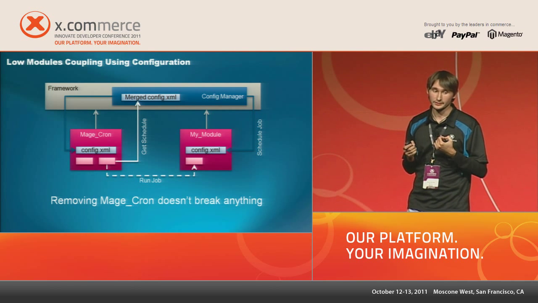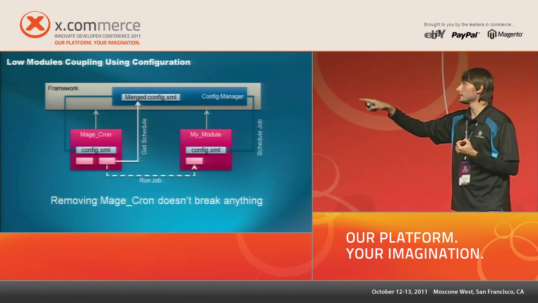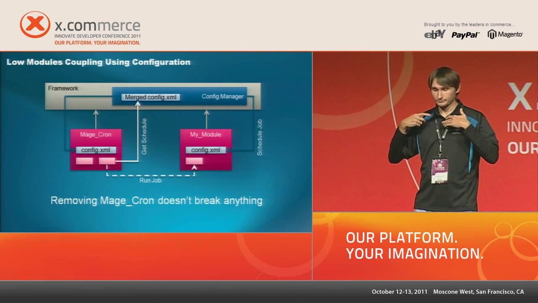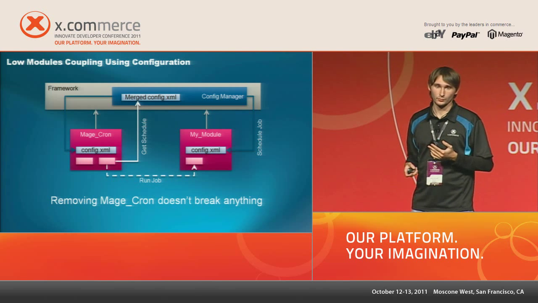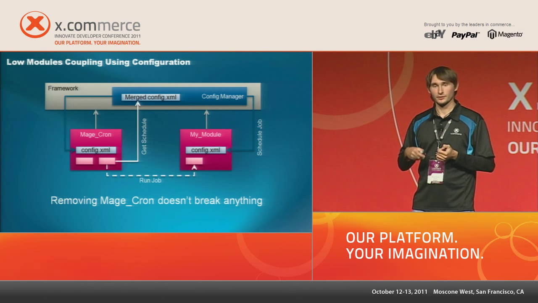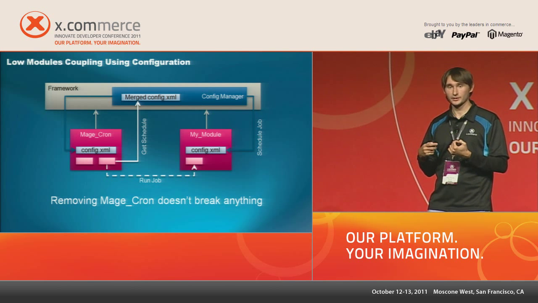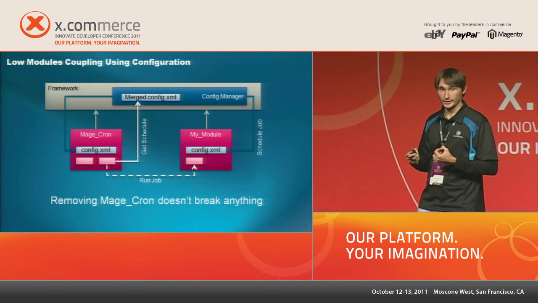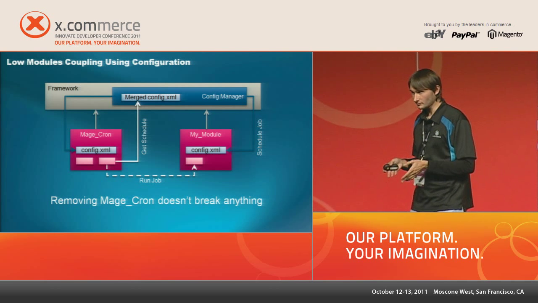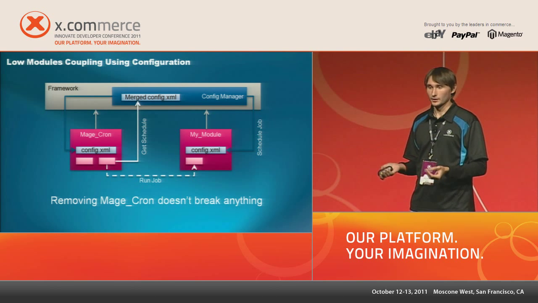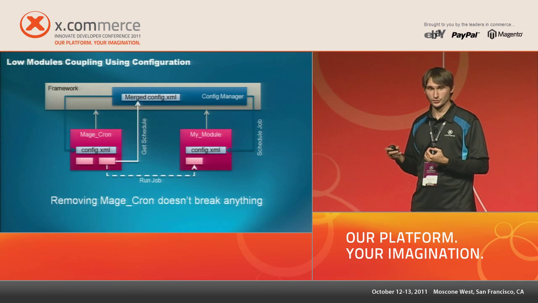So how does it work? At the needed point, let's say the Magento cron module runs every couple of minutes and all the time checks which of the scheduled jobs should be executed right now. So how would it retrieve the list of scheduled jobs?